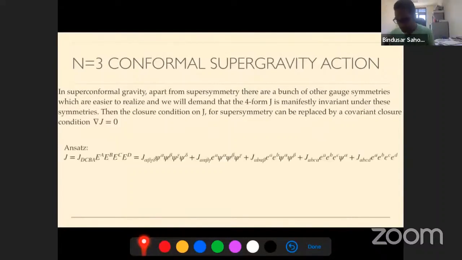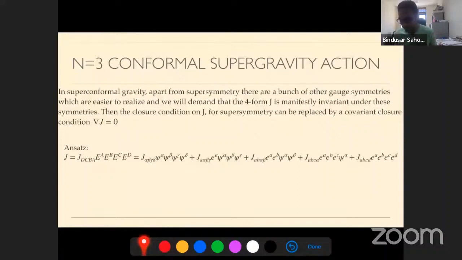Now we need to take an ansatz. Since it is a fourth form, we expand it as wedge products of the super Vielbein one forms. I have not written the wedge products explicitly, but there is a wedge product in between these one forms. Our super Vielbein one forms are basically this Vielbein one form and the gravity one form.